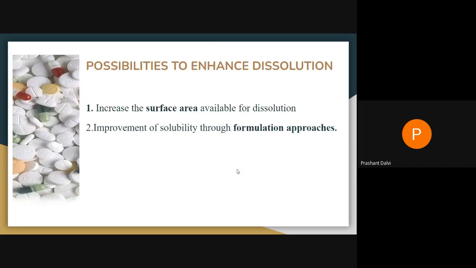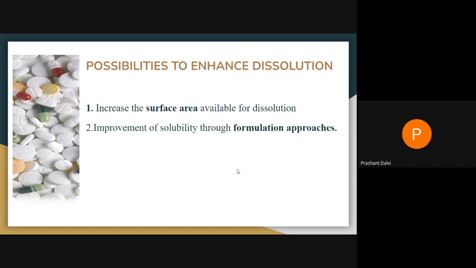Now, the possibilities to enhance dissolution. There are two possibilities through which we can enhance the dissolution of drugs. Either we can go for size reduction to increase the surface area of the formulation, or another important approach is the formulation approach. So first, reduction in particle size by micronization.